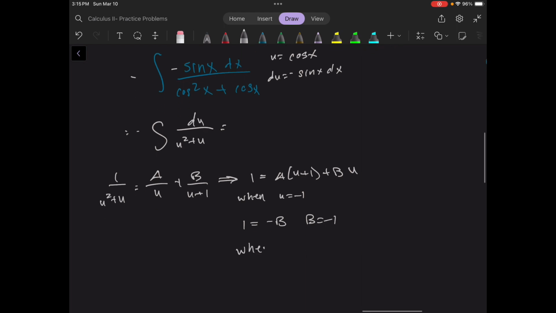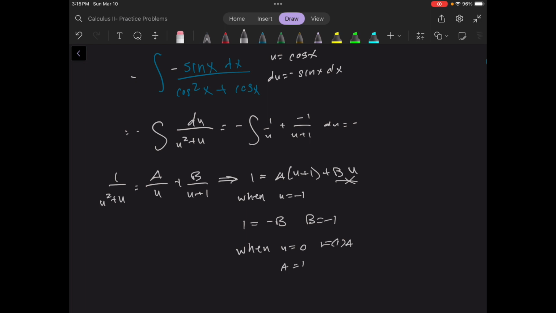And when u equals 0, the b term cancels out, right? So you're just left with 1 equals 1a. That just means a equals 1. So we could really rewrite this integral as a negative integral of a over u, or 1 over u, plus b, which was negative 1, over u plus 1 du.